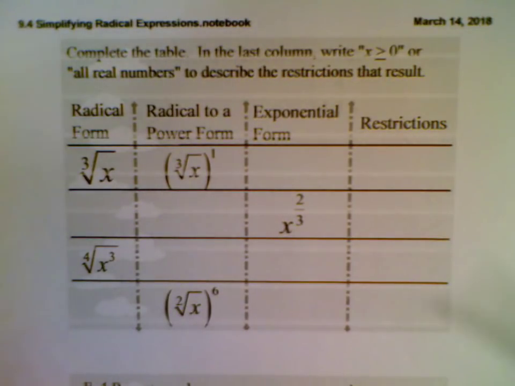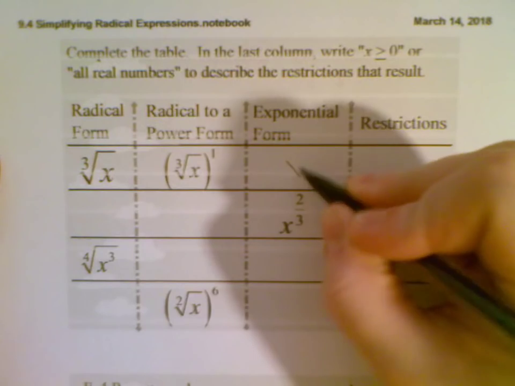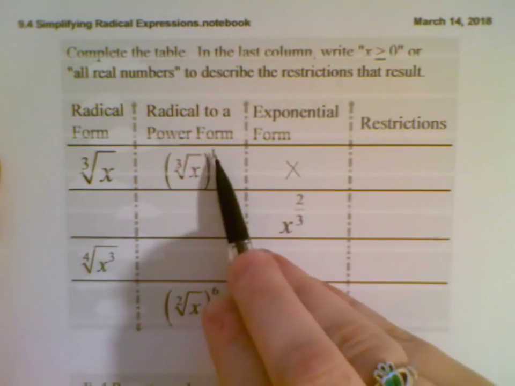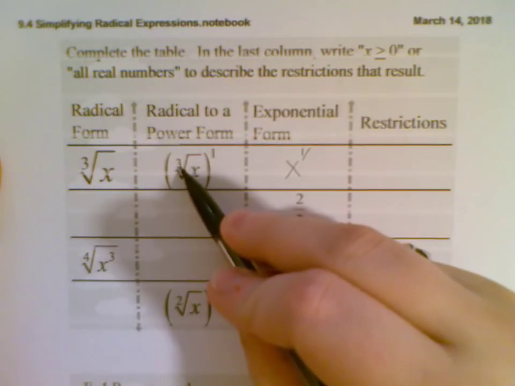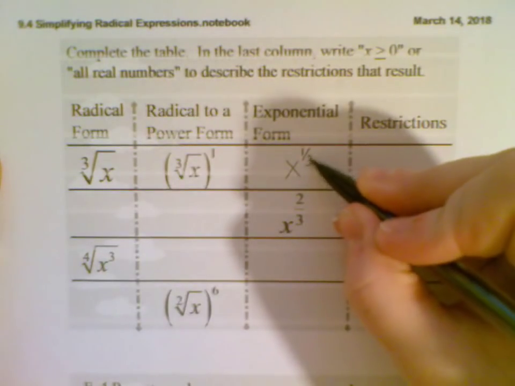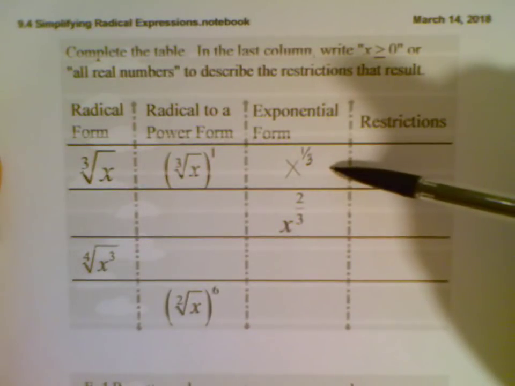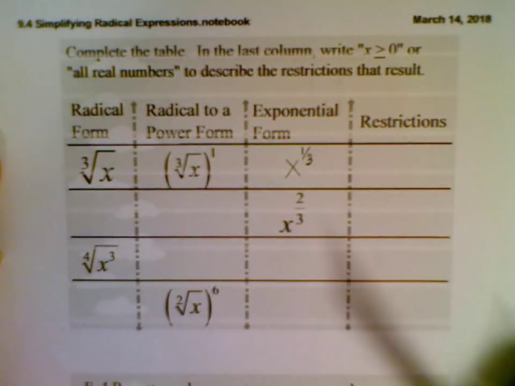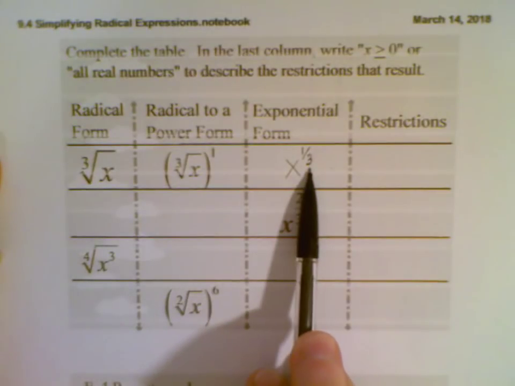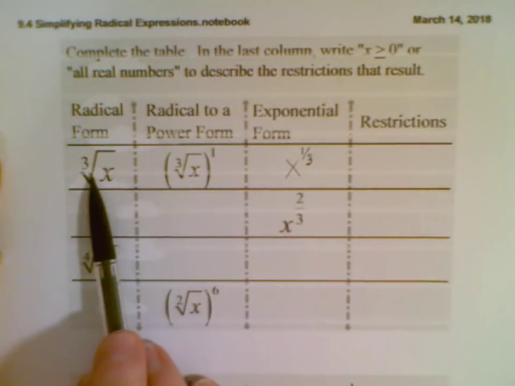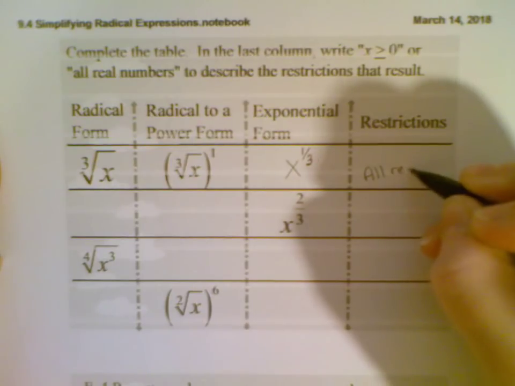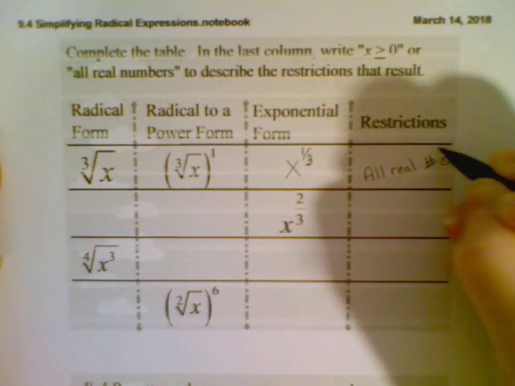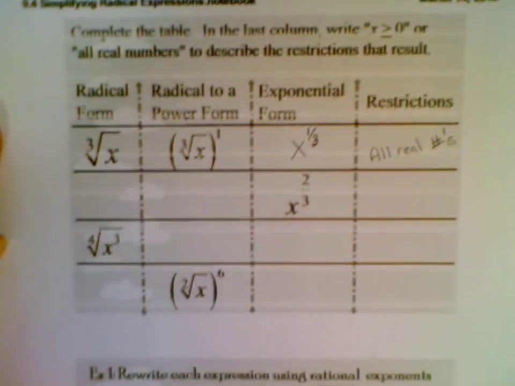When we convert it to exponential form, you keep your base, so we keep x, and then our power becomes our numerator, and then the index becomes our denominator. This is called exponential form, because you are writing the radical in terms of an exponent. When you're thinking about a cube root, let's talk about restrictions. The cube root can have negatives, so this would be all real numbers.